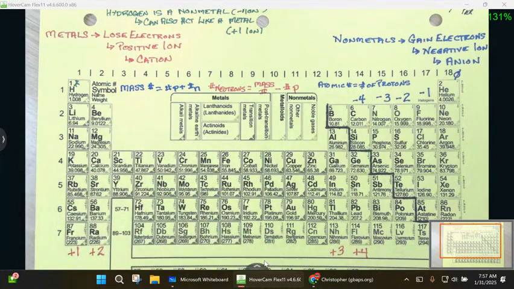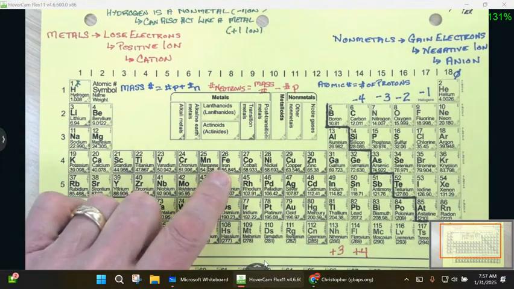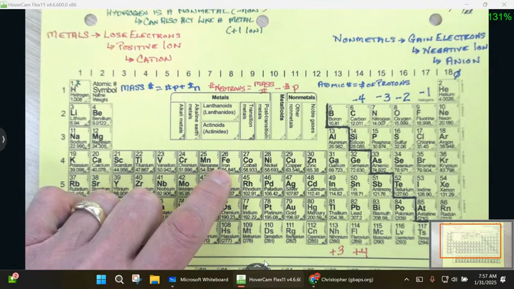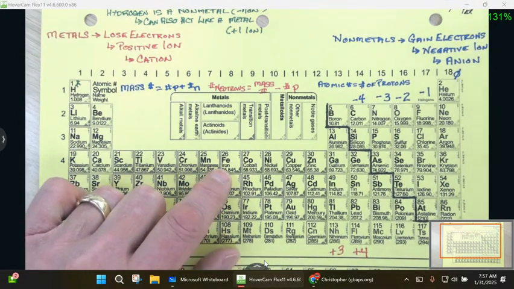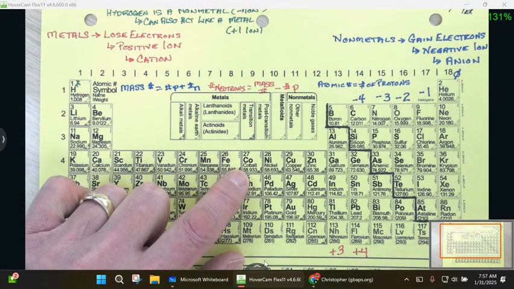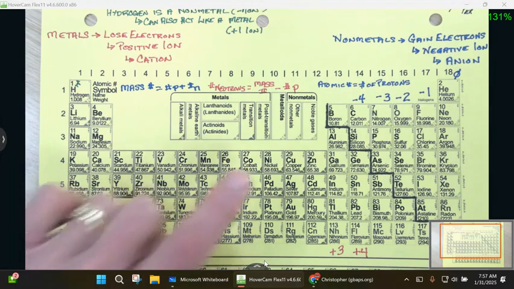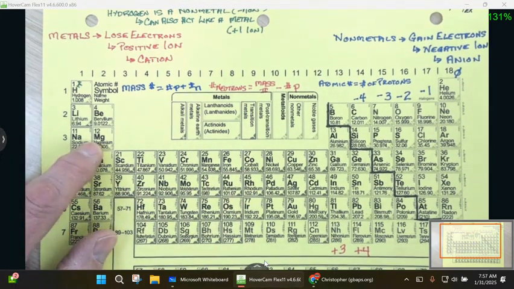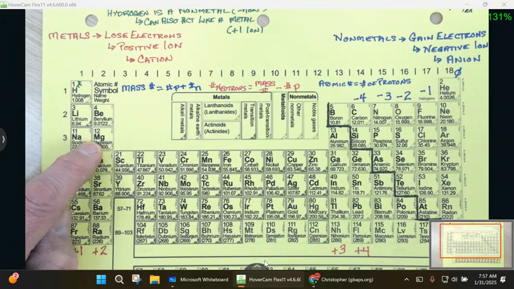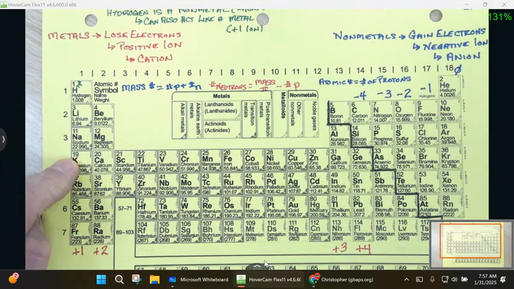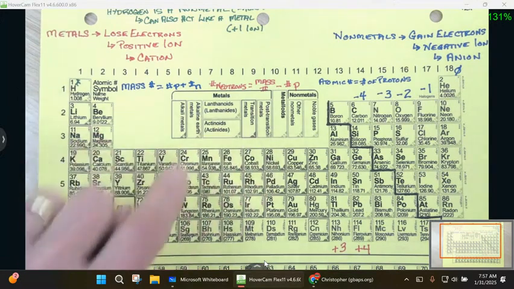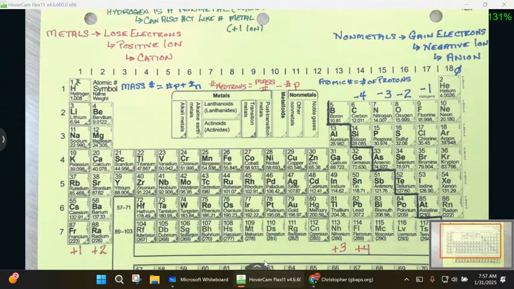Many of these elements can have more than one charge. Iron, for example, can act like a +2 ion or a +3 ion. Cobalt can act like a +1 or a +2. Magnesium is only ever a +2. That is the only thing it can do. Potassium is only ever a +1. But these in here can do some weird things.